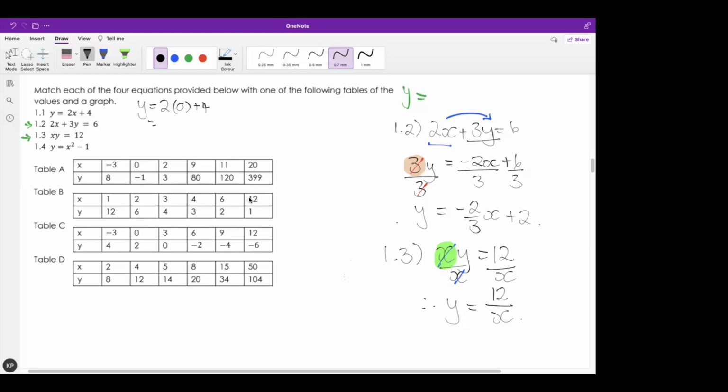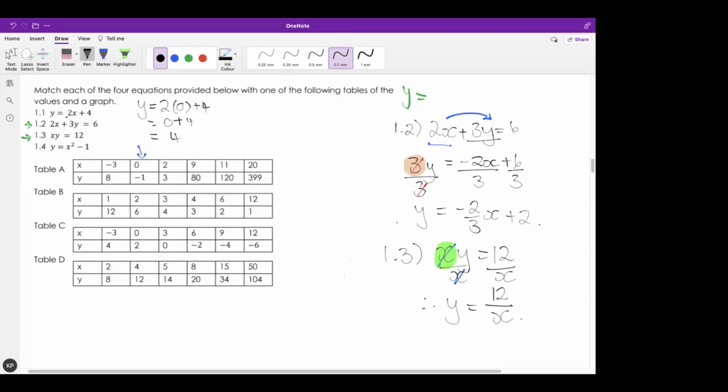What's 2 times 0? 2 times 0 is going to give us 0 plus 4, which is 4. Is that the desired outcome here? Is that the outcome we want? A 4? No. So 1.1 does not match with table A. You guys see that?